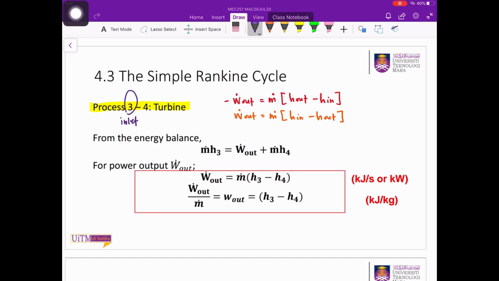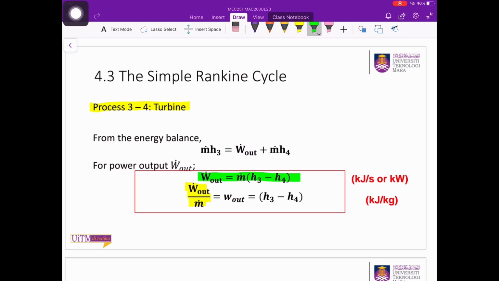Note that state 3 is the inlet of the turbine and state 4 is the outlet of the turbine. Our steady flow energy equation will now become this expression. Again, if we divide by the mass flow rate, we are going to have this expression. Note that different expressions will give us different units.